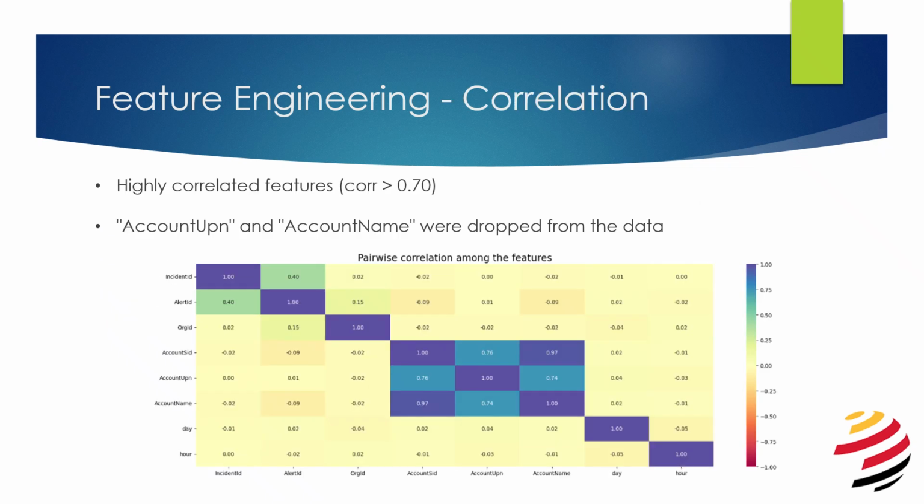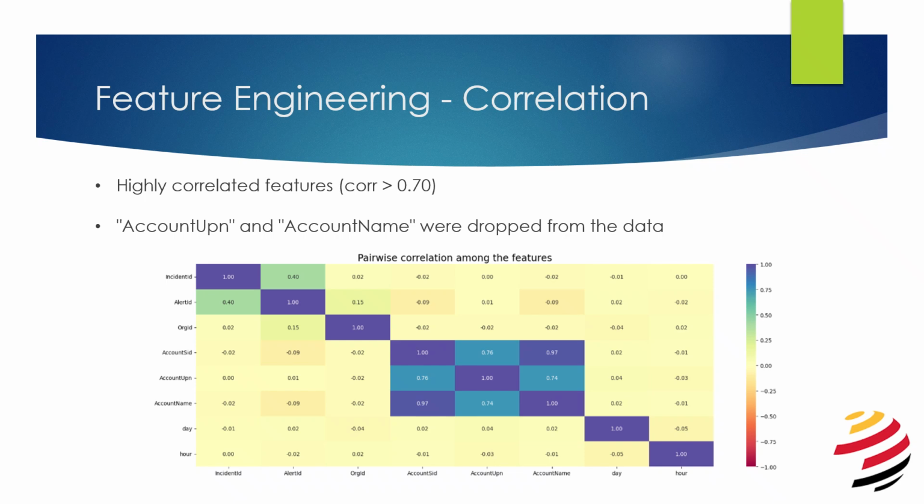Here we can see the heat map of the pairwise Pearson correlation values. Higher absolute values show more correlation between the two features. By setting the threshold of high correlation to absolute values higher than 0.7, features like account UPN and account name are both highly correlated with account SID.